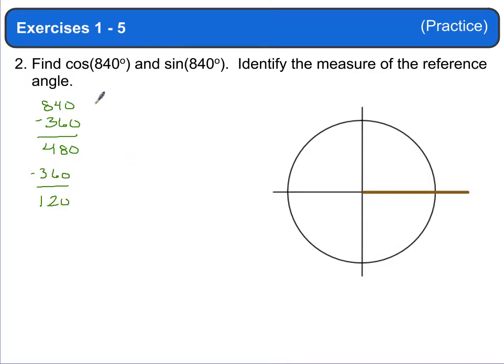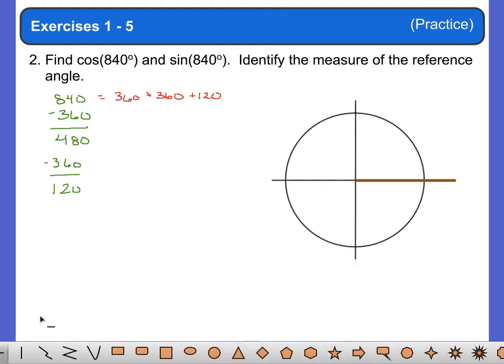So what do we know? That tells us this information, that 840 is a 360 plus 360. That means we went completely around the circle 2 times, and then we added 120 degrees. So what does that mean for our terminal ray?